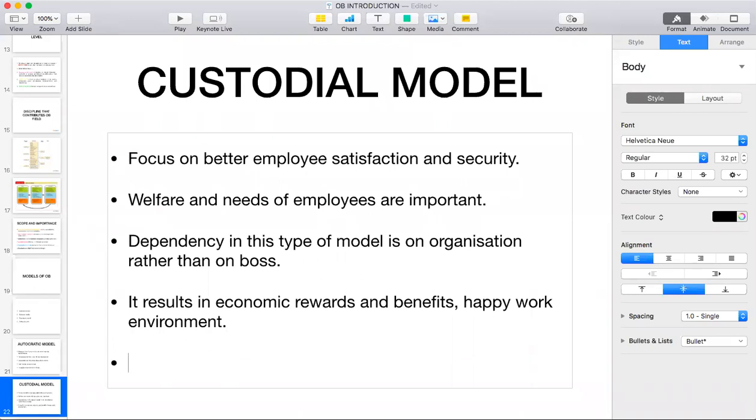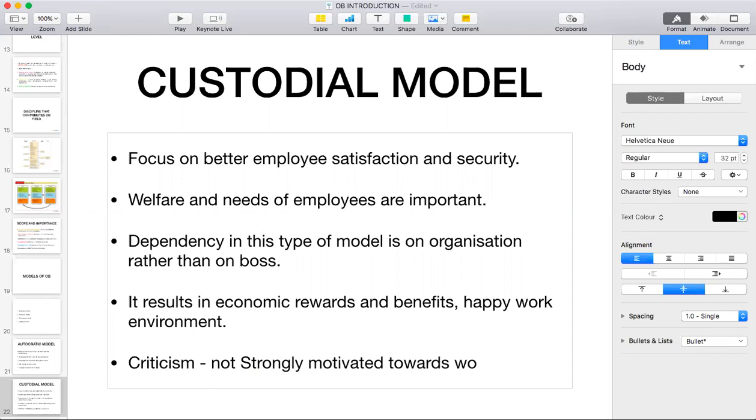But the major criticism of this particular model is that the workers are not strongly motivated towards work. That is the only disadvantage we have about this model, because it is not about a workaholic environment.